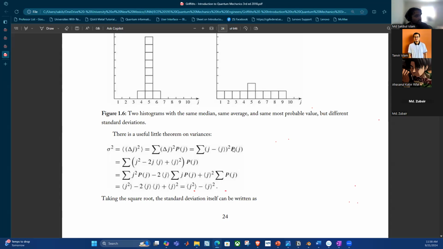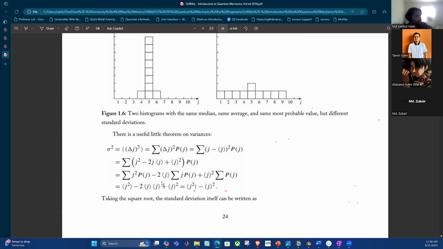You have the square. So right now, a minus b whole square formula, a square minus 2ab plus b square, then p of j, then j square p of j, then 2j, those are constants, you don't need to do anything. There is j, p of j, then average square, then p of j. The summation of probability is 1, so you will end with j square.